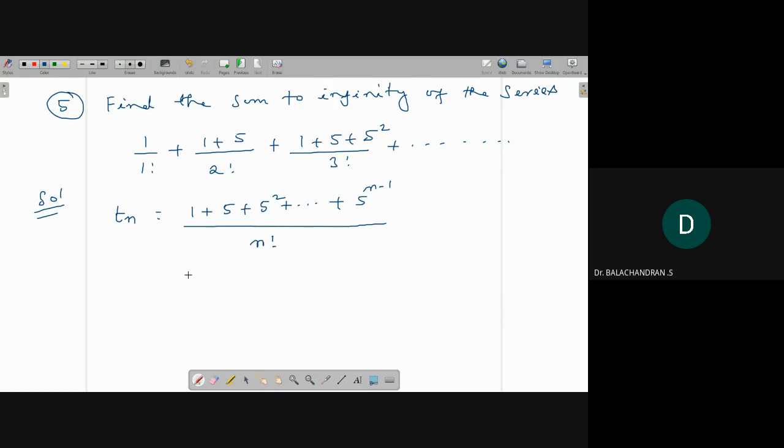Okay. Now, if you add the numerator, what you will get? 1 plus 5 plus 5 square plus up to 5 power n minus 1.